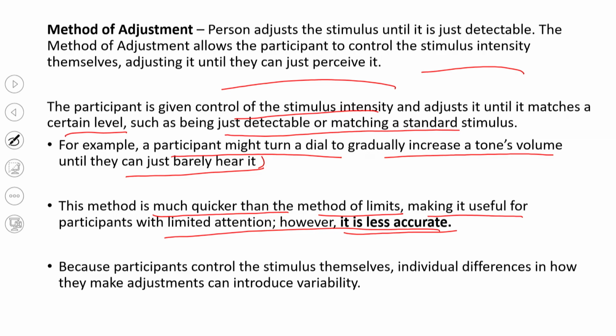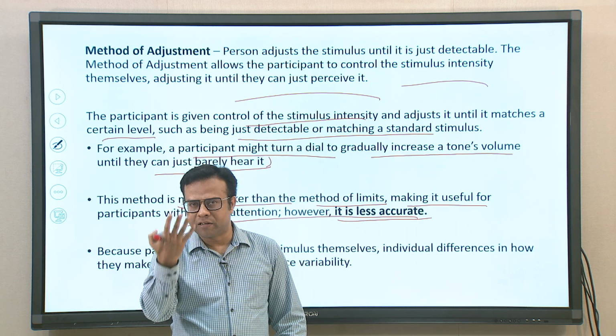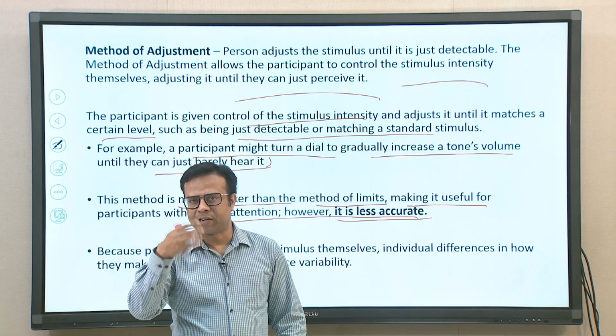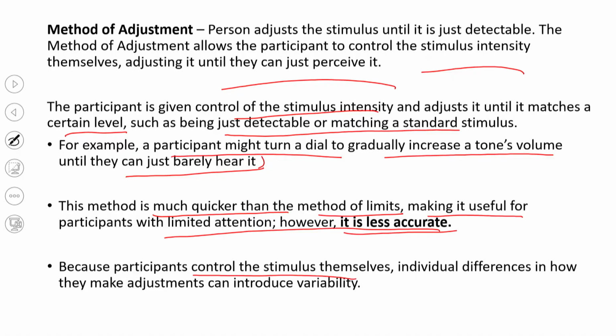Because here the participants themselves are adjusting. So, there can be so much variability in terms of how they are doing it, and the data may not be fully reliable. Because the participants control the stimulus themselves, there are so many individual differences that can come into the picture, which can make adjustment vary a lot. So, accuracy may decrease.